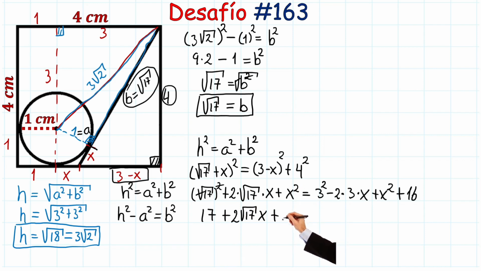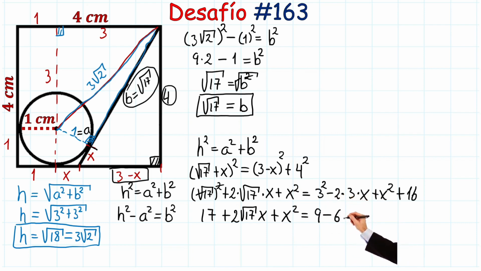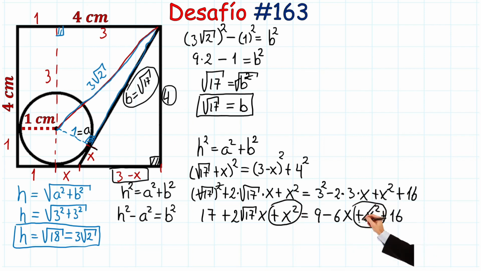Plus x squared, and this equals 3 squared, which is 9, minus 2 times 3, which is 6x, plus x squared, and plus 16. Very good. Notice, we have 2 equal terms on both sides of the equality with the same sign, and these can be deleted. And this makes a lot of sense, because if I move this x squared here, it's going to end up with minus x squared, and adding up with this, it cancels out.